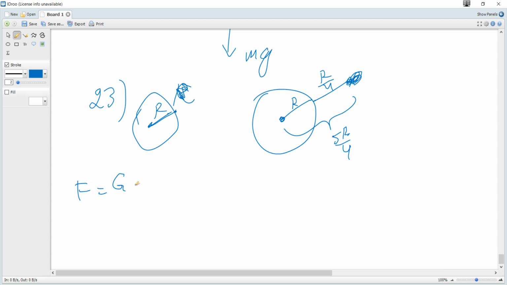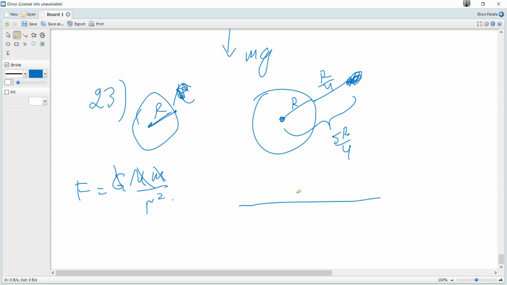It's a constant, mass of the planet, mass of the satellite, divided by distance squared, and we need the ratio, where definitely these constants will cancel, and it's just inversely proportional to distance squared, measured from the center of the planet.